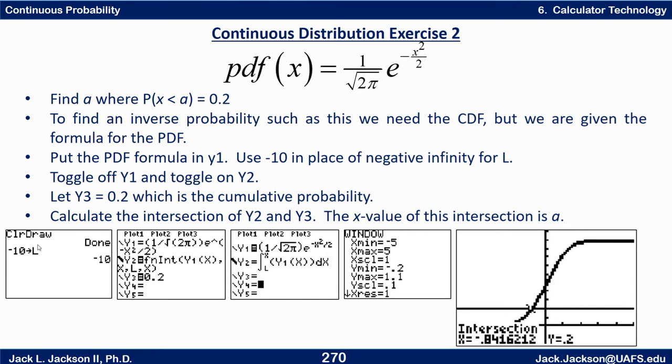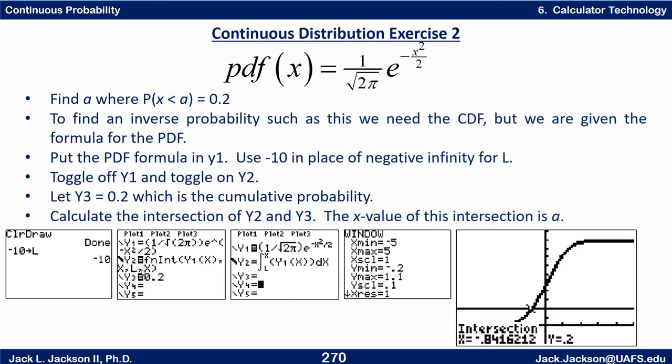Okay, so here it is. Here's what you do. You need to turn that one on. I don't have the right one turned on over here, but you turn that on. You also put in 0.2 on this one as well. And then you graph it. Now, you need to have the right number stored as L, and I told you to use for the lower, which should be negative infinity, but we're going to use negative 10 instead. I cleared my drawing, if I had anything on there before, first.